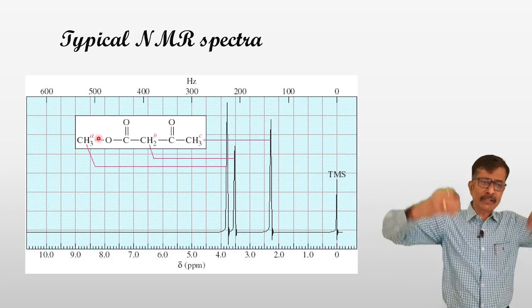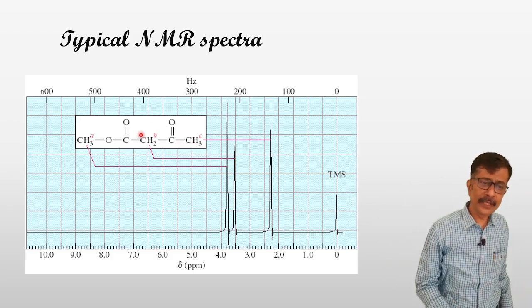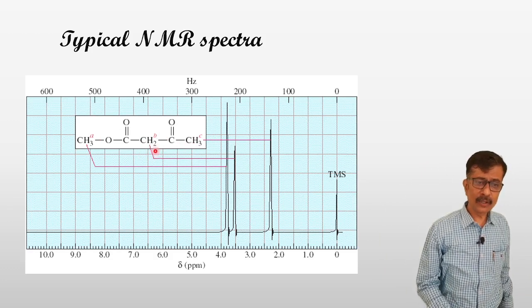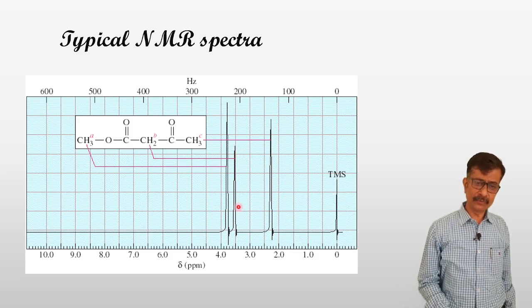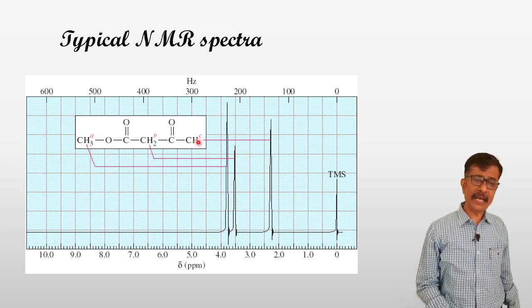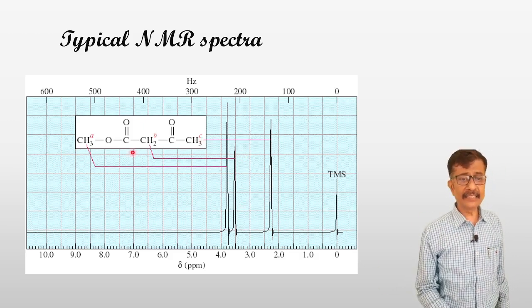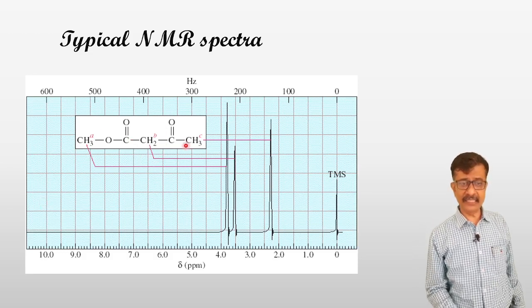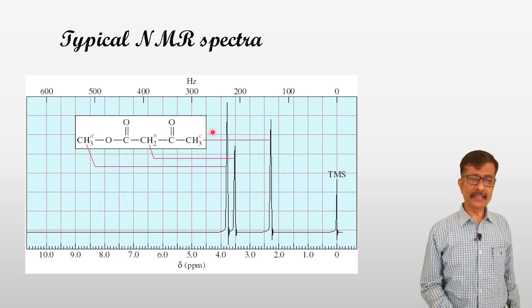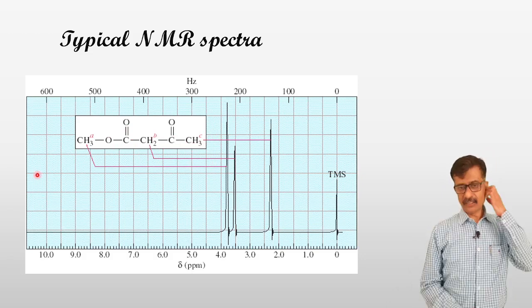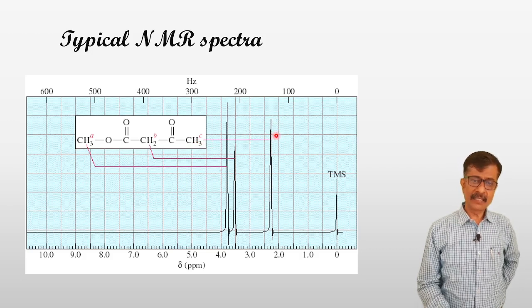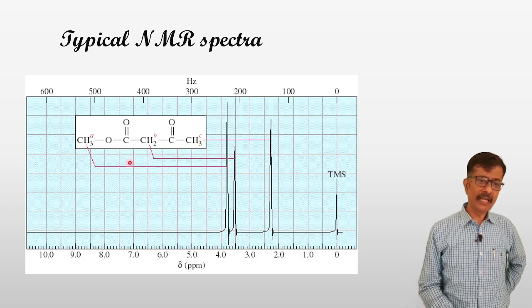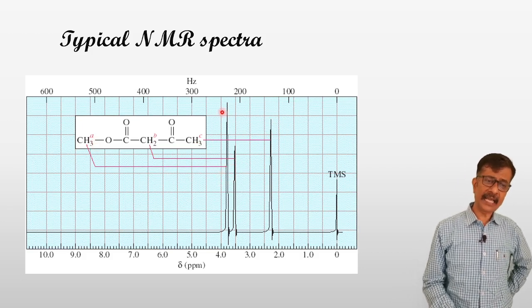Carbonyl groups are also electron withdrawing, so they will also reduce electron density around it. This CH3 is comparatively more shielded than the CH2 and the other CH3. So you can have this CH3 peak at a lower delta value, the CH2 peak at a little higher delta value, and this CH3 peak again at a little higher delta value.